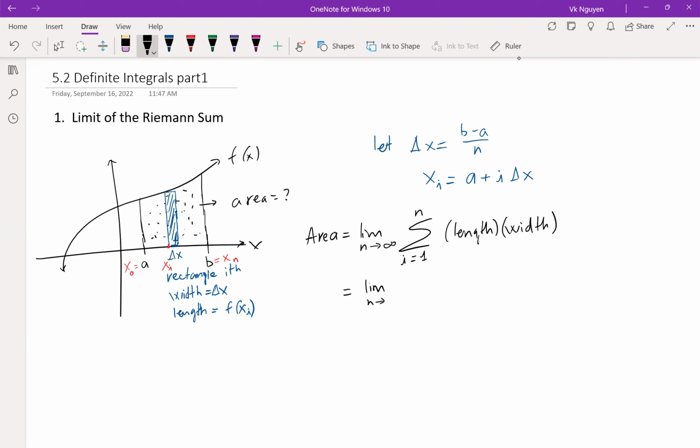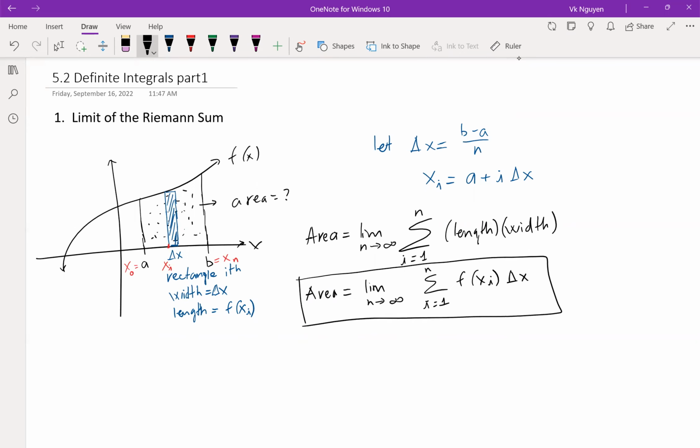Limit n goes to infinity, summation I equal 1 to n. The length is f of x sub I. The width is delta x. This is the nice formula. The first person to discover this is Riemann.